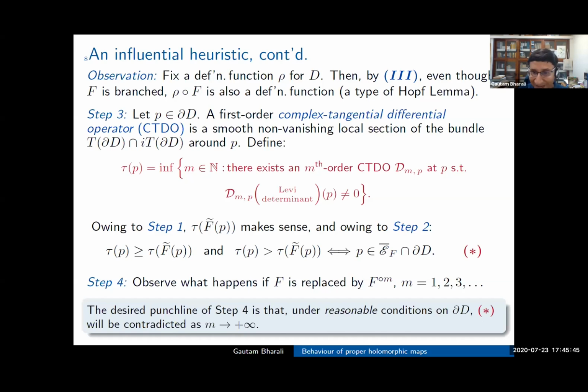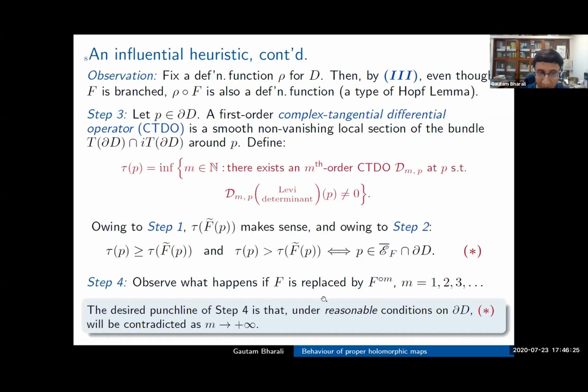Well, to prove a theorem that illustrates the phenomenon I posted on slide 1, what I actually want out of step four is that as m goes to infinity, this statement, which I have highlighted by a star, is going to be contradicted.